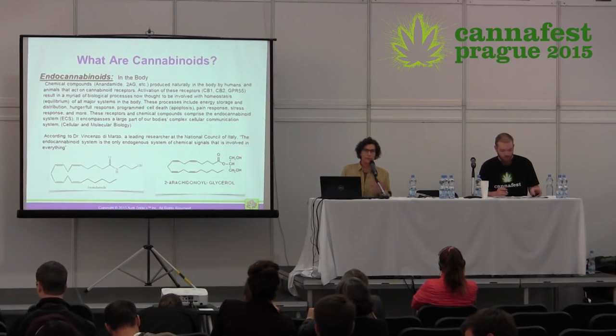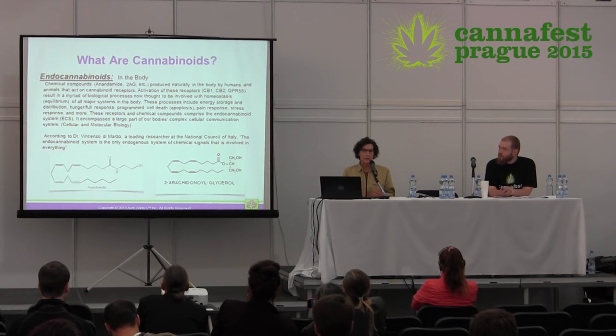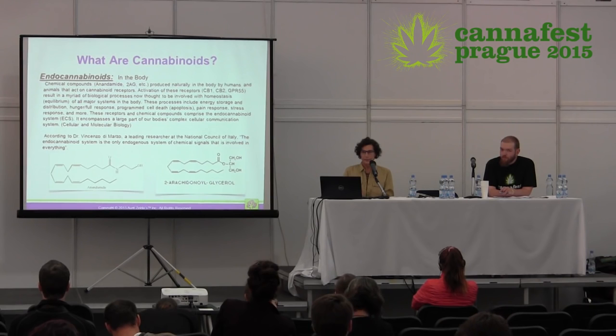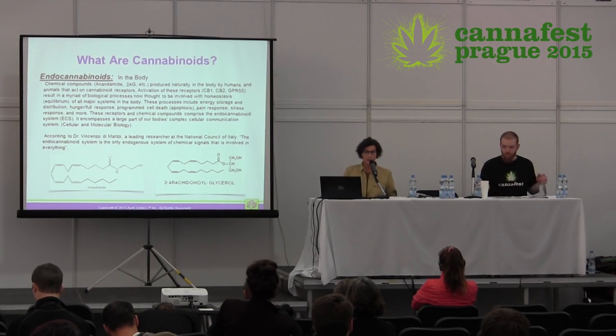The theory is, of course, that when you have imbalance or a lack of homeostasis in the body, that is when disease can occur. The same way that you have all these other systems in your body, unfortunately, medical schools do not teach about the endocannabinoid system for the most part at this point, which is part of the big challenge that we have with the medical community, is they just don't understand it.